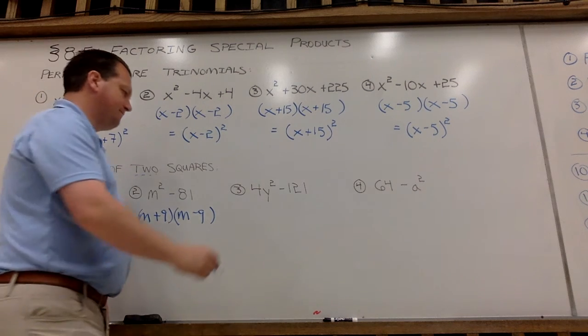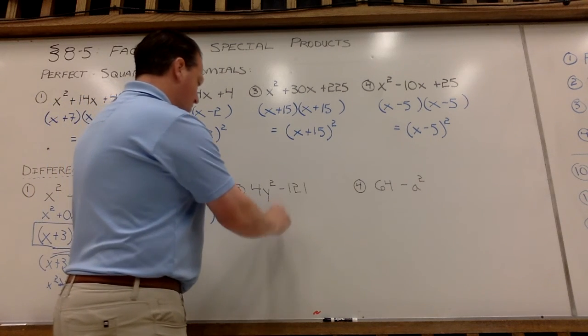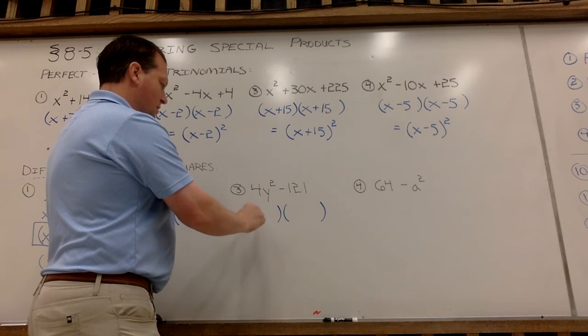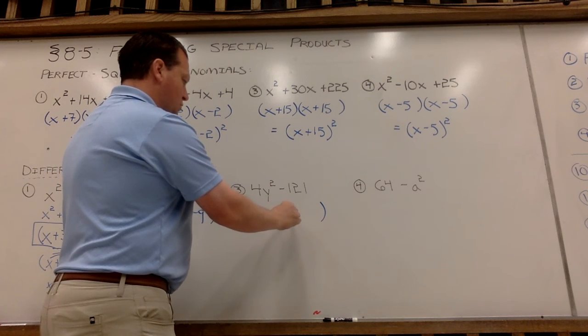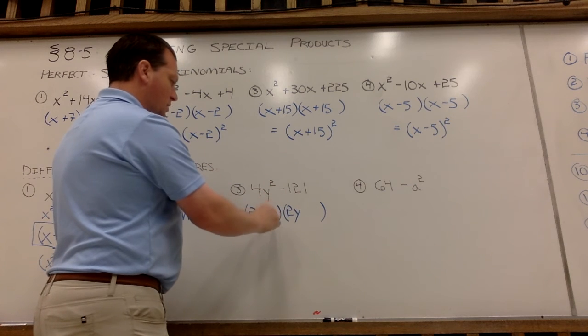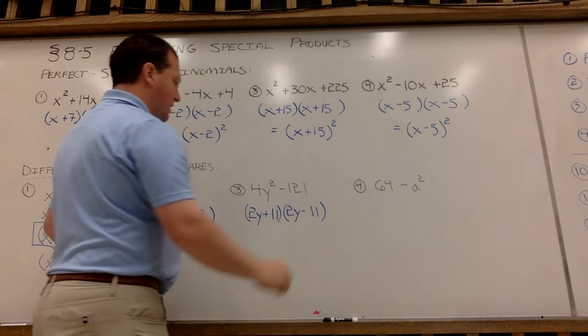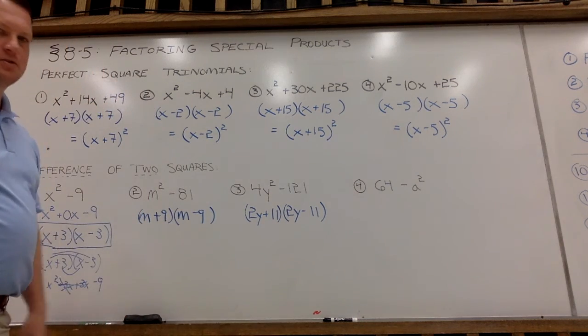It's beautiful. We've got a 4y squared: 2y, 2y. The square root of 121 is 11, 11. One plus, one minus, and life is good.